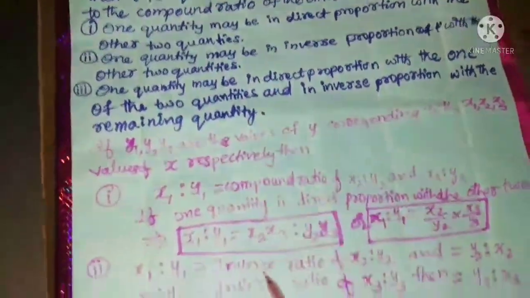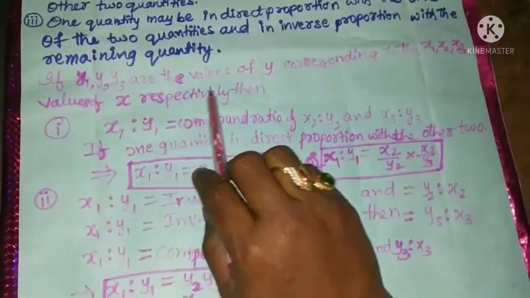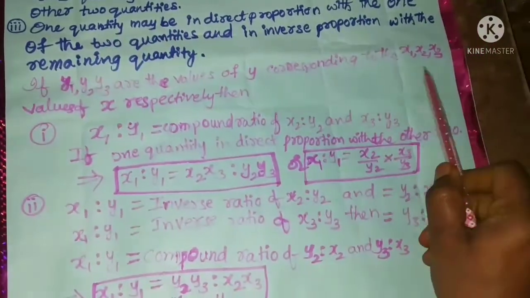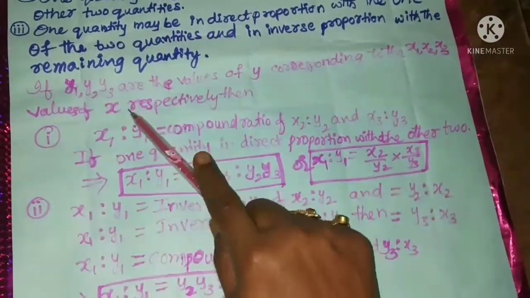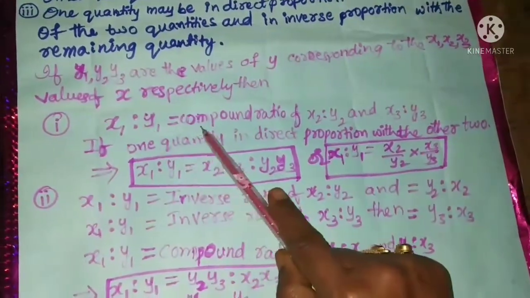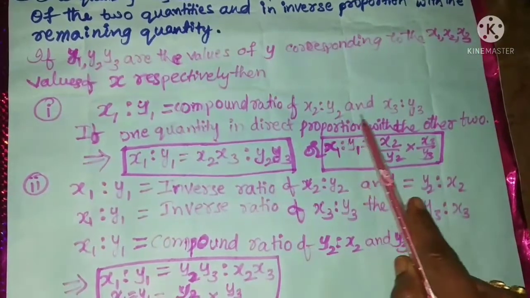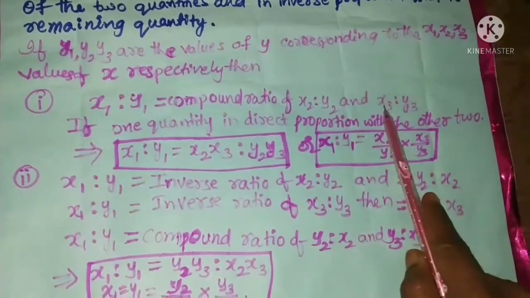Then in the three cases, how will we apply this formula? If y1, y2, y3 are the values of y corresponding to x1, x2, x3 of x respectively, then the ratio x1 is to y1 is equal to the compound ratio of x2 is to y2 and x3 is to y3, because both are directly proportional.